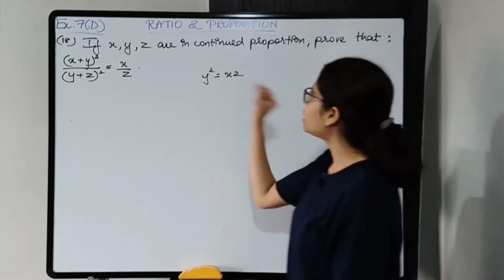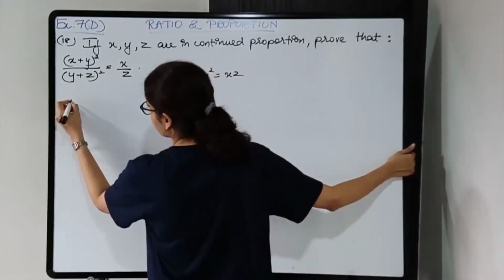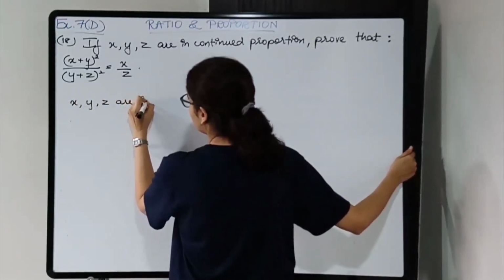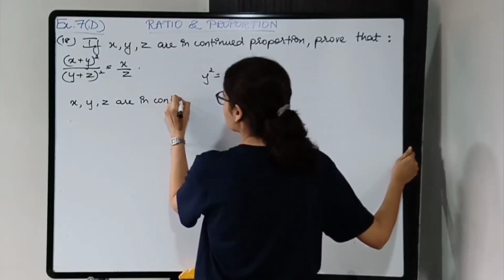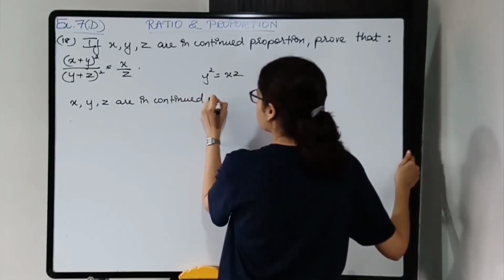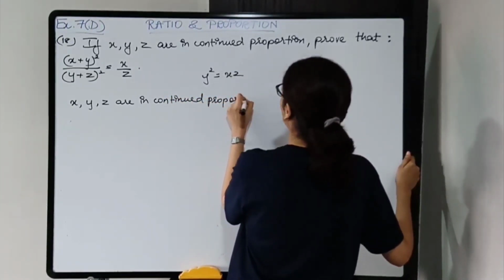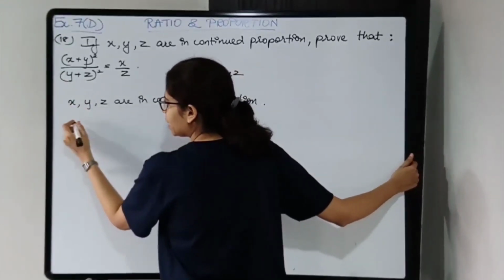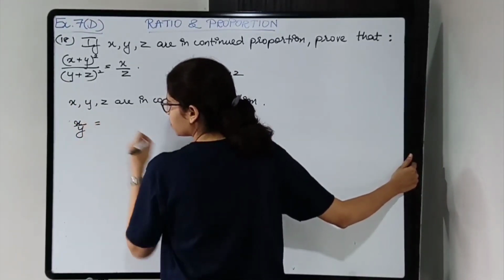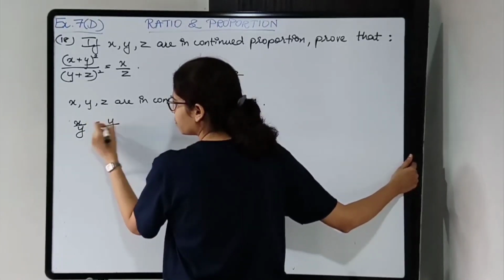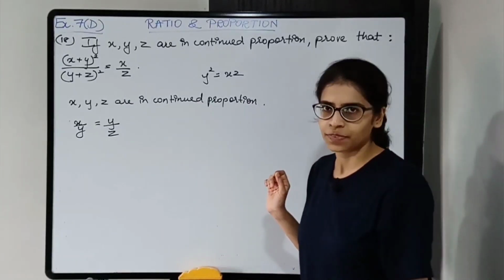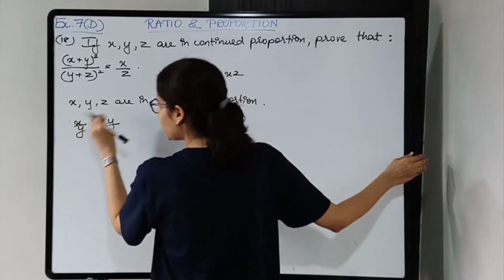Okay, you are given that x, y, z are in continued proportion. So what do you mean by continued proportion? It is first upon second is equal to second upon third. That is, the denominator here becomes the numerator. Okay. So x upon y is equal to y upon z.